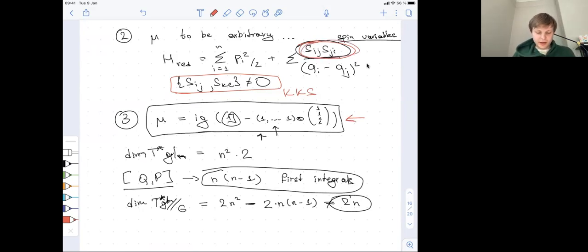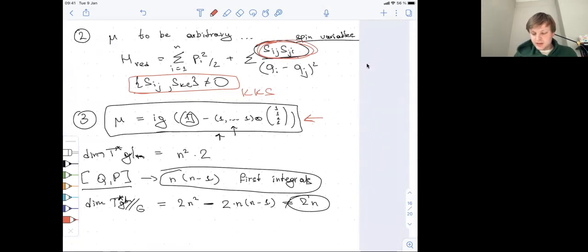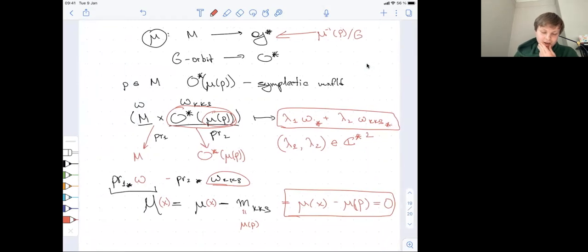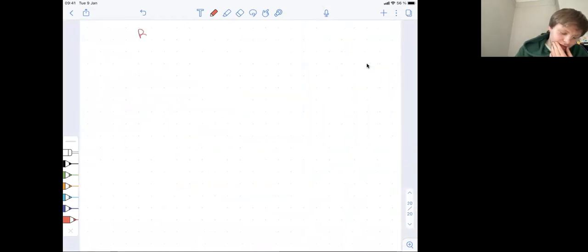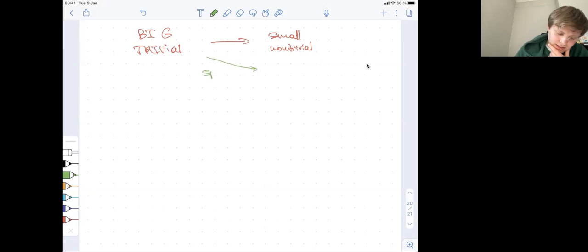Because of these spin variables, right? And this is the illustration of this story: you start with something big and trivial, then you obtain something small, non-trivial, and if you are lucky enough, you have some special moment map values which give you something even smaller than this one and still non-trivial.